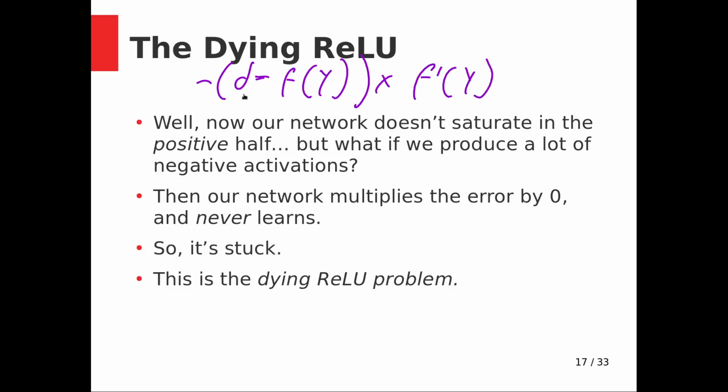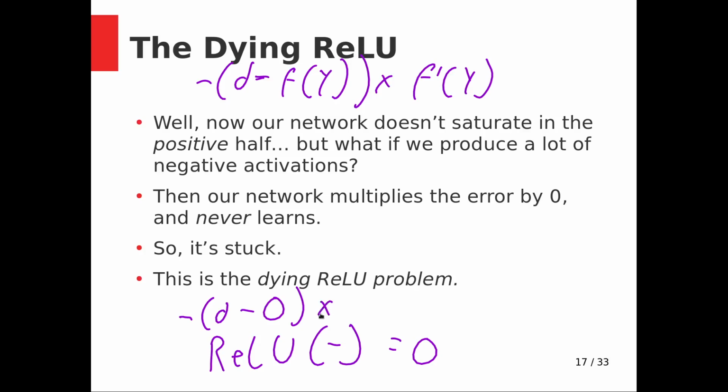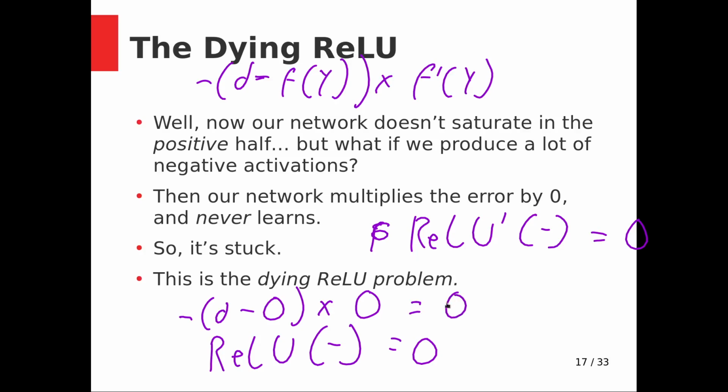And if y is negative, then that's D minus 0, because ReLU of any negative number is 0, times 0, because ReLU prime of any negative number is also 0. So for the negative half, our error signal is zeroed out completely. It's not even tiny, not even close to 0, it's just 0.